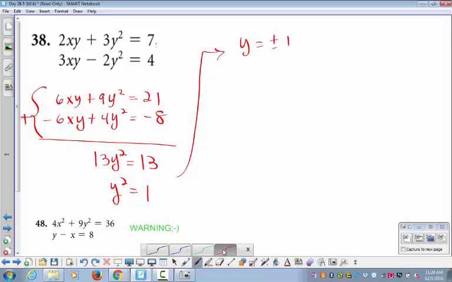Then we have to back substitute to get x. You think it matters which equation here? Nah. Both of them have an x to the 1, so both will be equally pleasant or equally unpleasant to use. So if y is equal to -1, let's go into the top equation. Y is -1, we get -2x plus 3 equals 7.